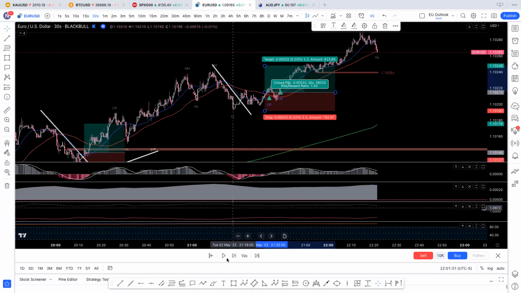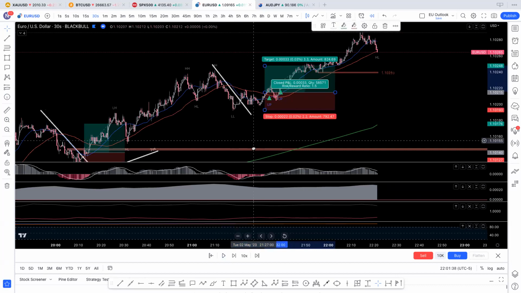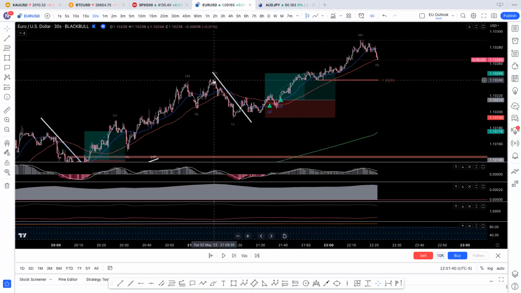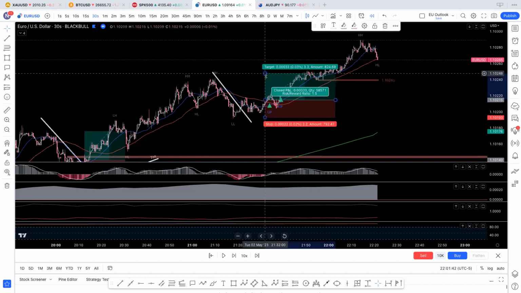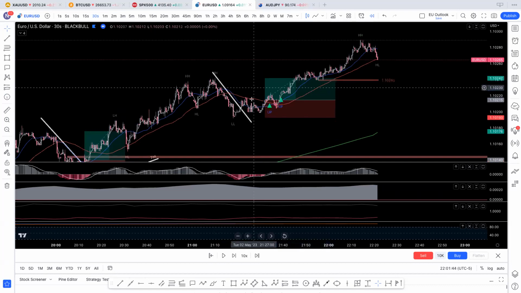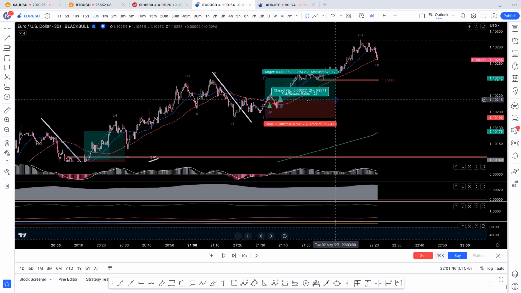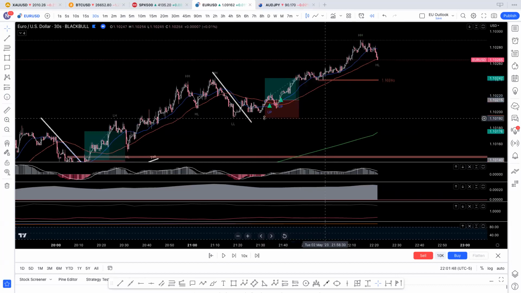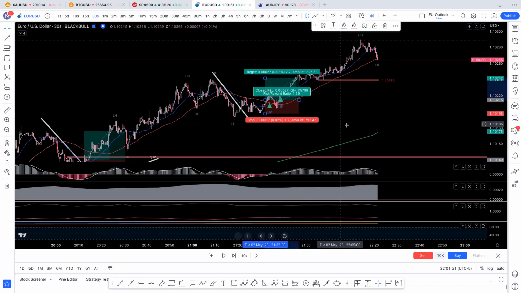And let's see here, my stop loss will be there, and price went here last, so I would go for that. Actually, I'll put that there. Okay.